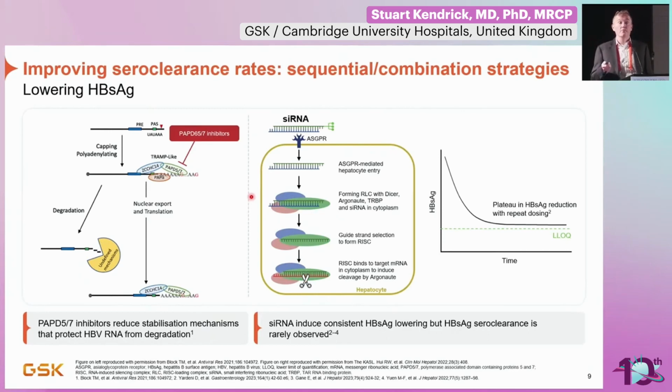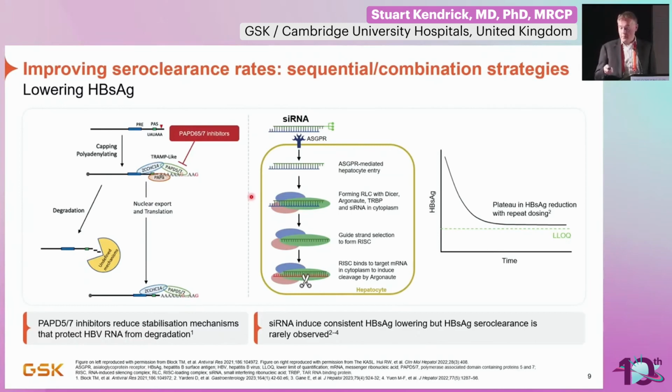We could, however, go further. We know that small interfering RNAs have a very marked effect on lowering surface antigen. They work by a mechanism distinct from Bepi, by recruiting the RISC complex, which is active in the cytoplasm. They break down the RNA, by a method that has evolved mostly to modulate gene expression.